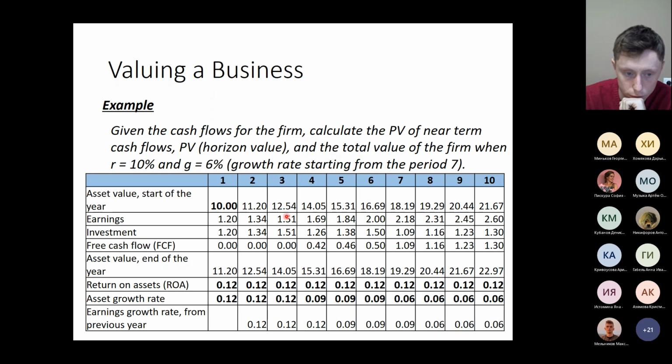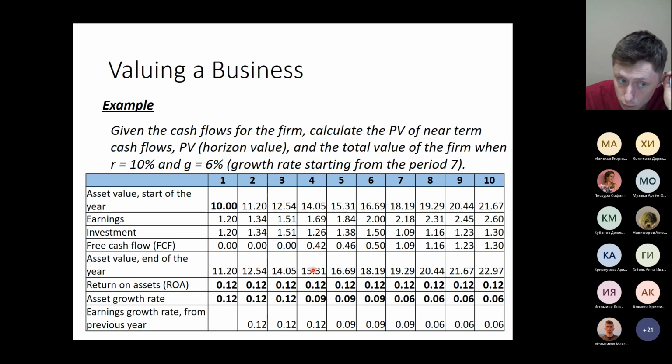The same for the second year. For the third year it is the same, but starting from year 4, we start to take some money out of it. In order to estimate the earnings, we again multiply the asset value at the beginning by the return on assets. But the increase in assets we estimate by multiplying 14.05 by the asset growth rate, having this amount.